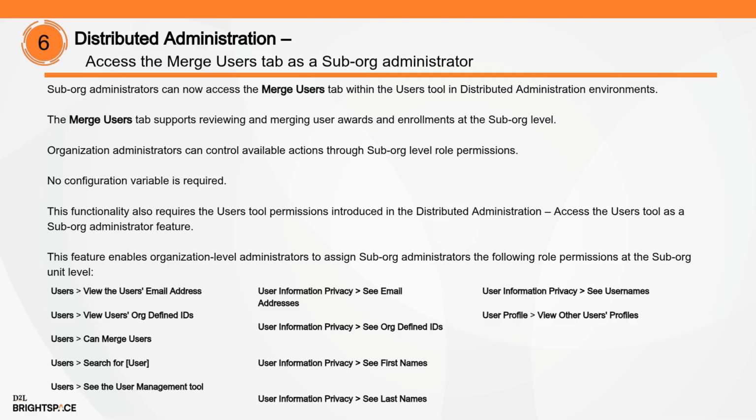With the appropriate permissions, sub-org administrators can view and merge user awards and enrollments within their sub-org. Previously, sub-org administrators could not access the Merge Users tab from the sub-org level. Available to all clients. To enable, organization-level administrators must assign the required Users tool permissions and the appropriate Merge Users role permissions to sub-org administrators at the sub-org unit level.